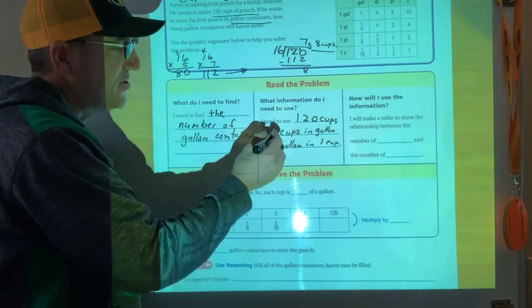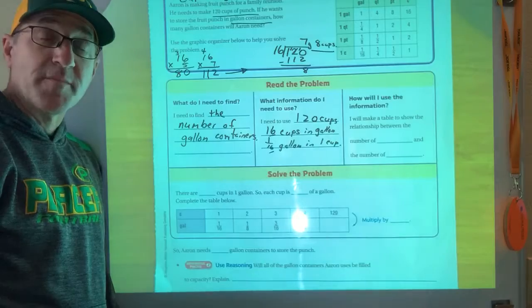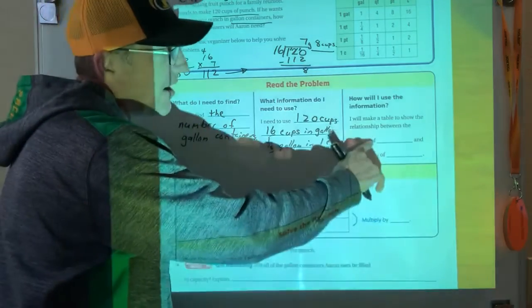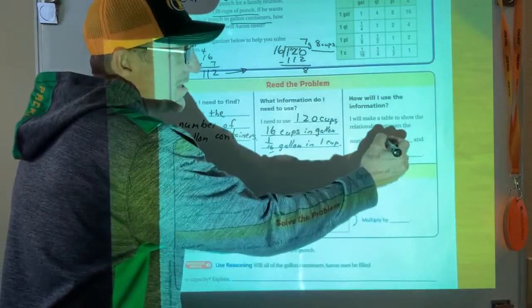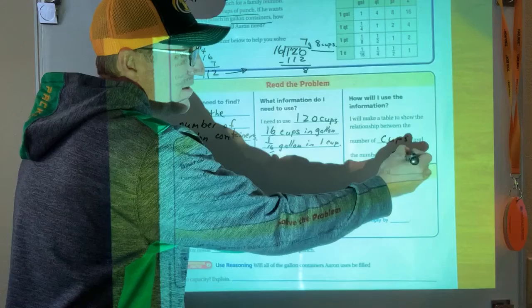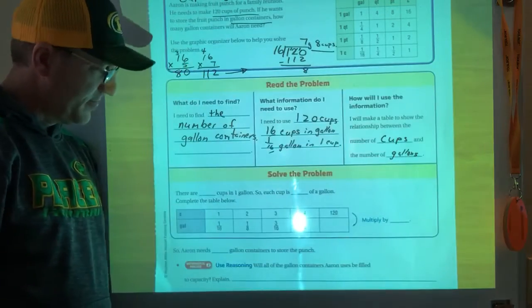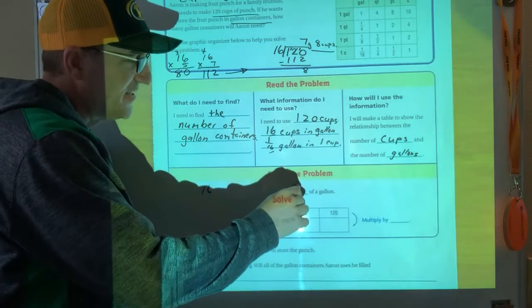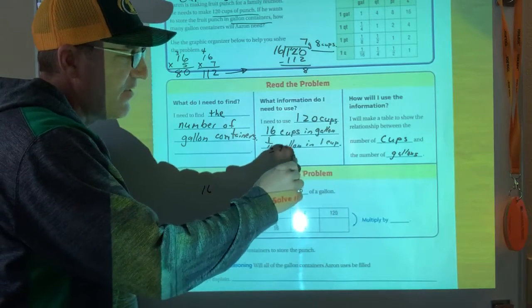Notice our relationship here: if I was going from gallons to cups, I would multiply. How we use the information: I will compare the relationship between the number of cups and gallons. There are 16 cups in a gallon, so a cup is 1/16 of a gallon, which is what we just said.